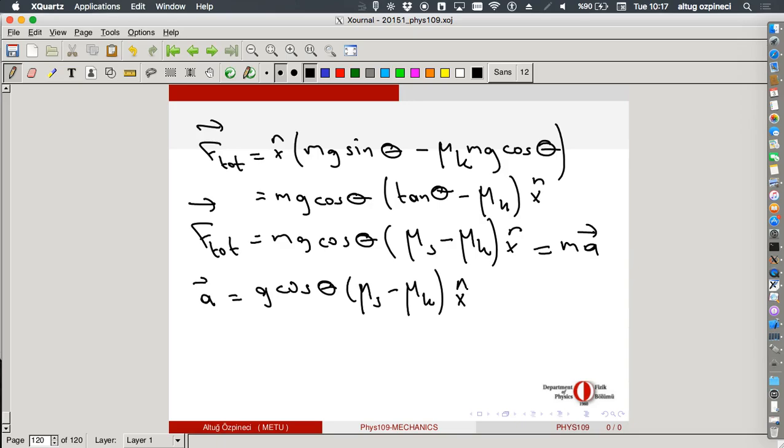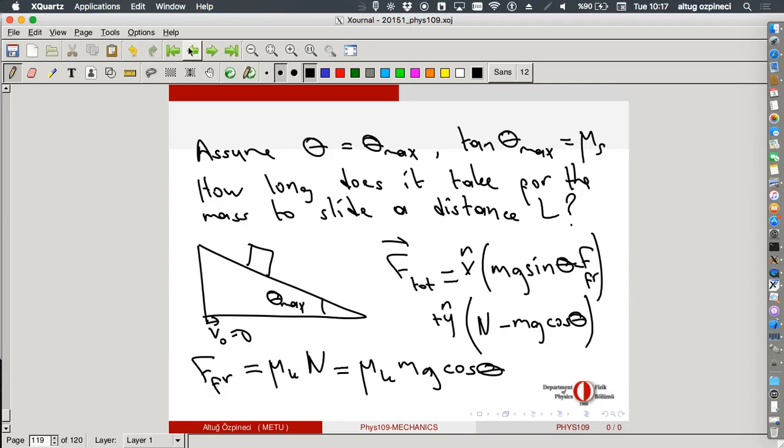It starts moving. So actually, theta max isn't the value for the kinetic friction force. Now, tangent theta max is mu s. It's the maximum value of theta at which it will not move. But when we take tangent theta max in this example, we take it for kinetic friction also.